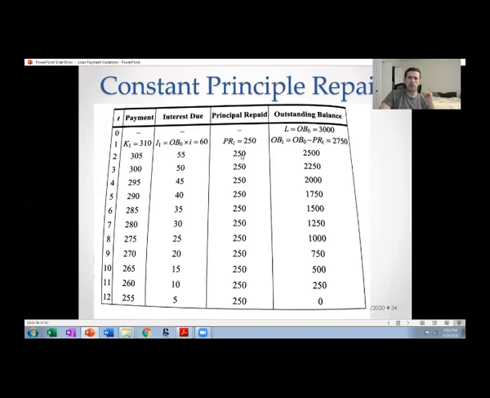So you got to pay 250 each period. 12 times 250 is 3,000. Okay, so if you do this, you'll notice that this is a decreasing type of annuity like we've dealt with before.